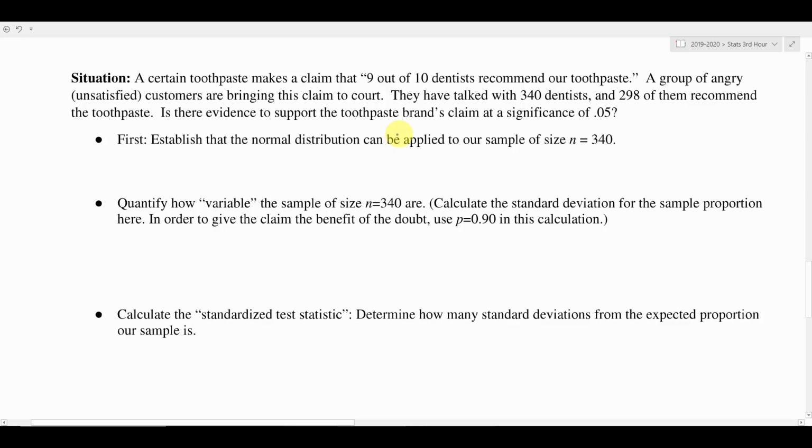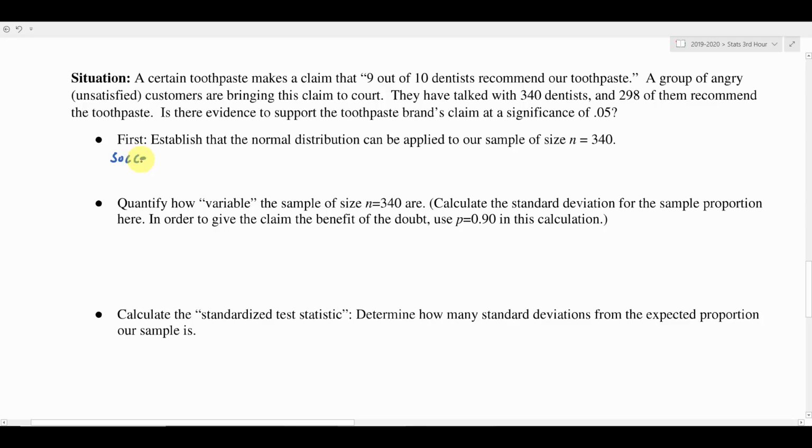So first thing we're going to do is establish whether or not the normal distribution can be applied to this one. And I think we can, because the people who are bringing this claim to court sampled 340 dentists, and they had 298 successes.